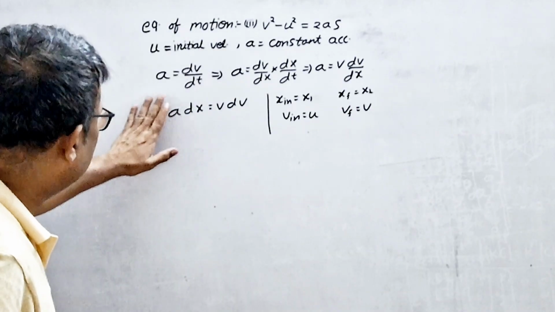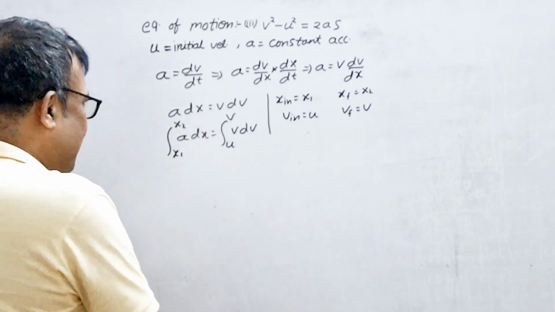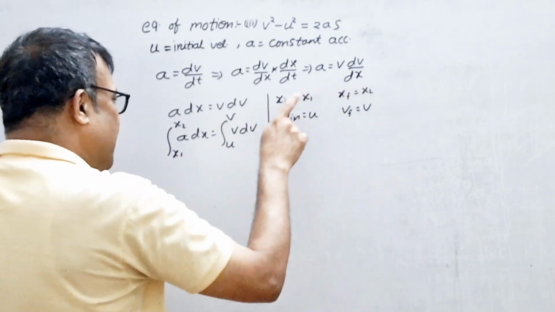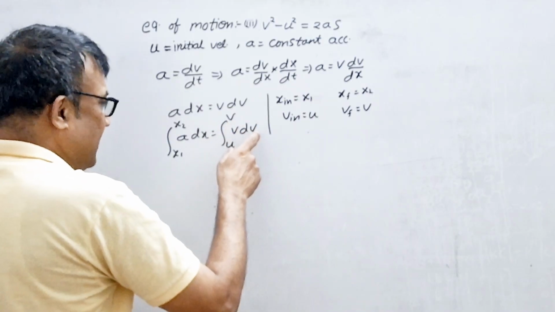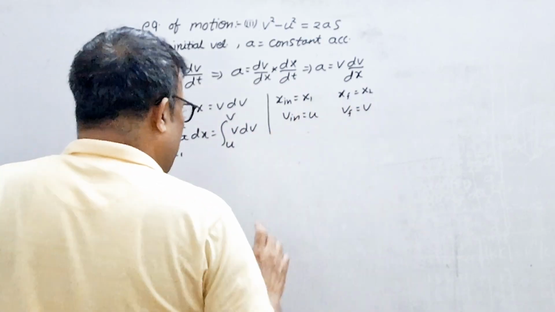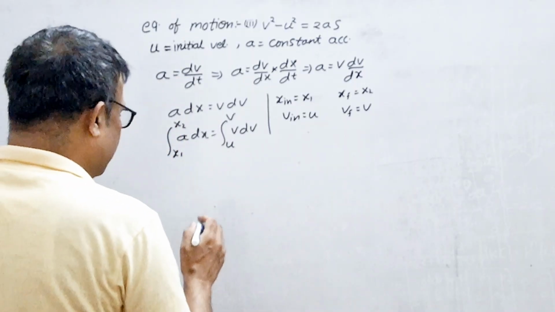Now we integrate this relation both sides with proper limit. Left side variable is x, so the limit of x is taken, lower limit x1 and upper limit x2. Right side variable is v, so in the integration limit of v is taken, lower limit u and upper limit v. Now we integrate it using the rule of definite integration.